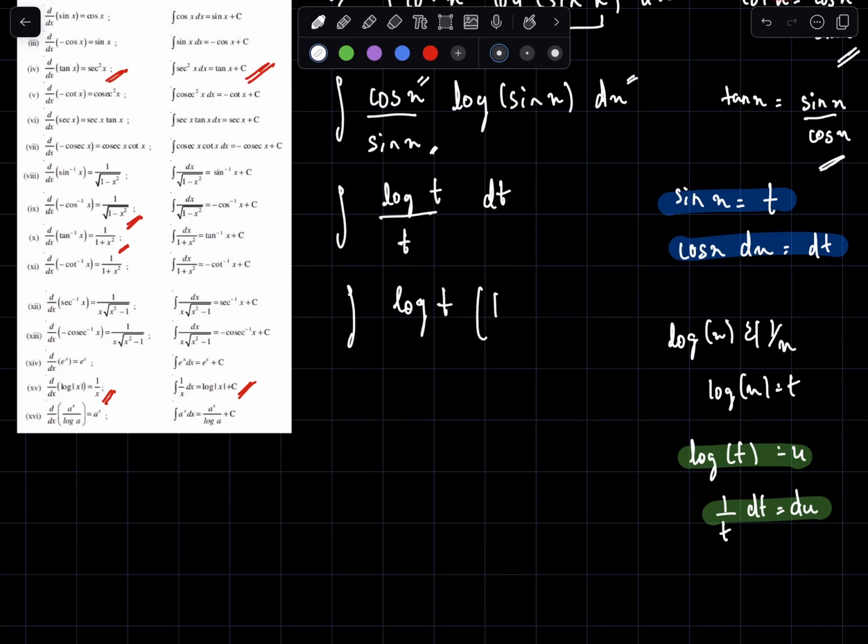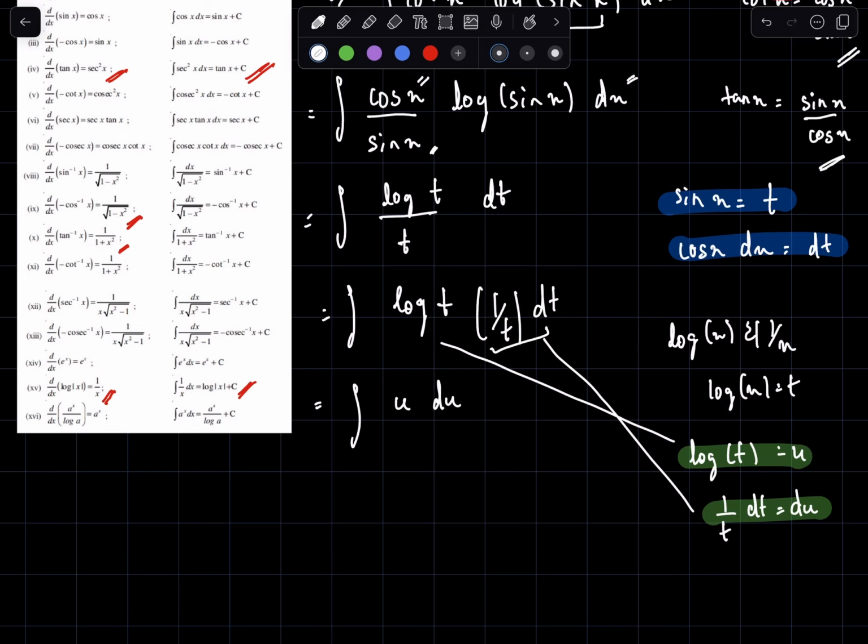Log t times 1 over t dt, right? Which is equal to integral of what? So this becomes u, and this becomes du. So this whole thing, right? Du. Now what is the integral? It is u square divided by 2 plus c.